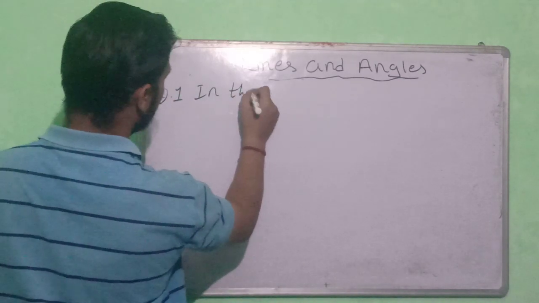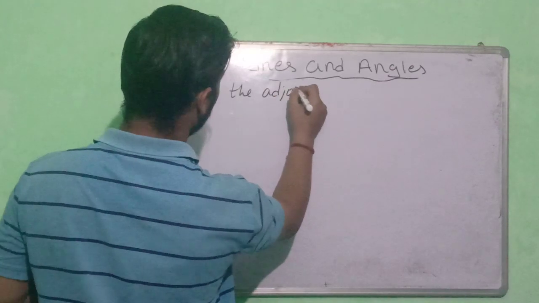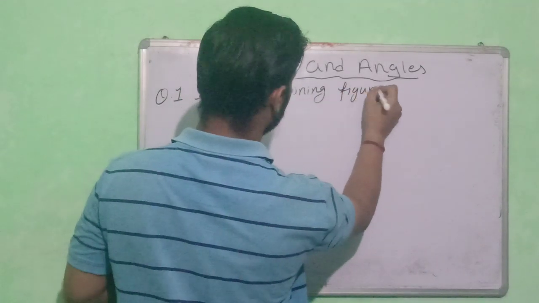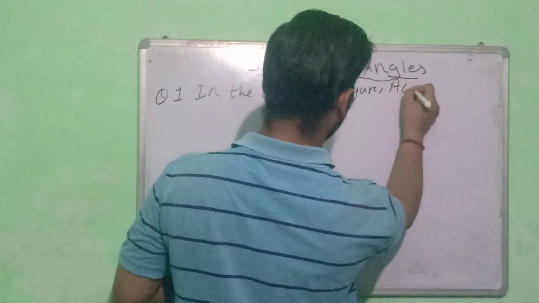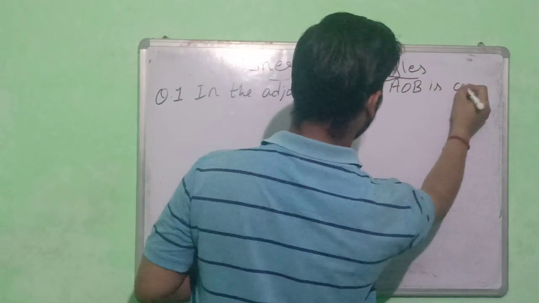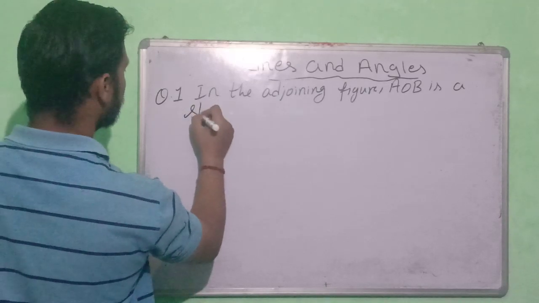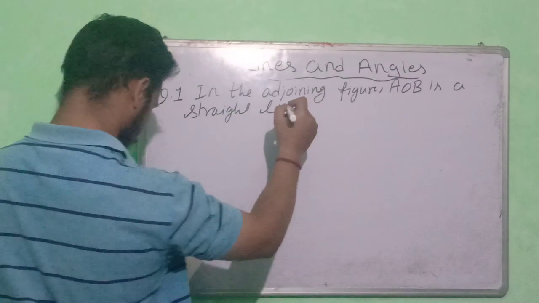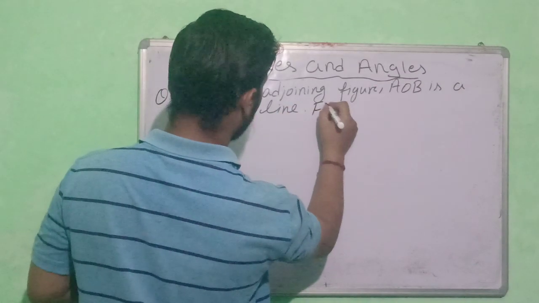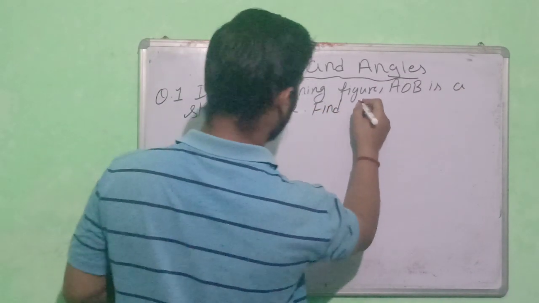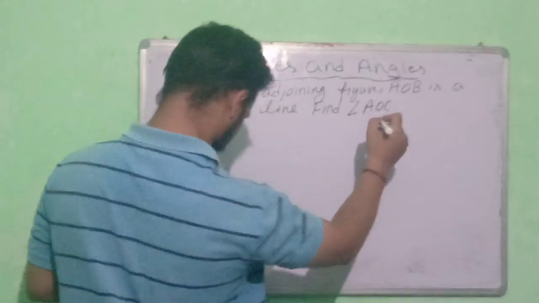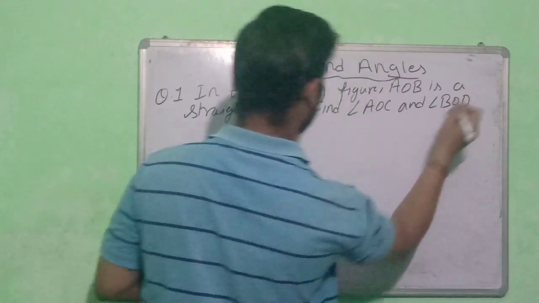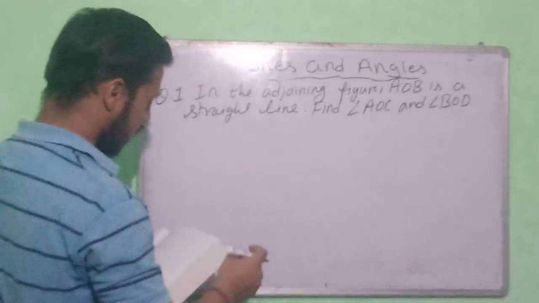In the adjoining figure, AOB is a straight line. Find angle AOC and angle BOD. Now I will draw a diagram.